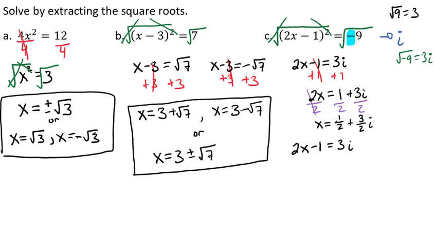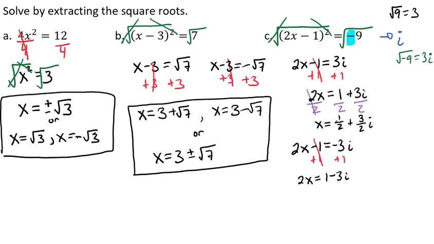Now let's solve our second piece. Again, we start by adding 1 to each side, and I'm going to get 2x equals 1 plus 3i. Oh, see right there, you've got to be careful to make sure that you do a positive and a negative one. So this should actually say minus 3i. I'm glad I caught that early before we got all the way done with the problem, because that would be terrible to have to erase it and go back.